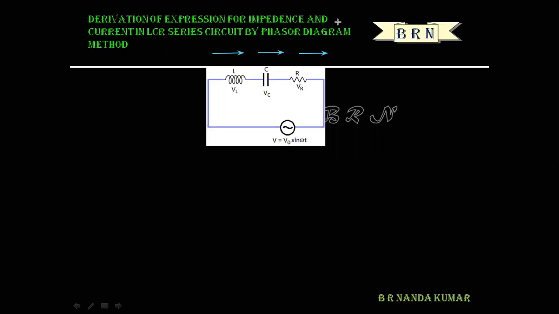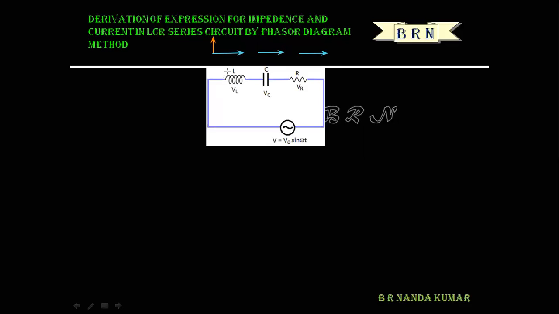But the potential difference across L, that is VL, actually leads the current, is it not? The potential difference across L is VL, which leads the current by an angle pi by 2 radian.